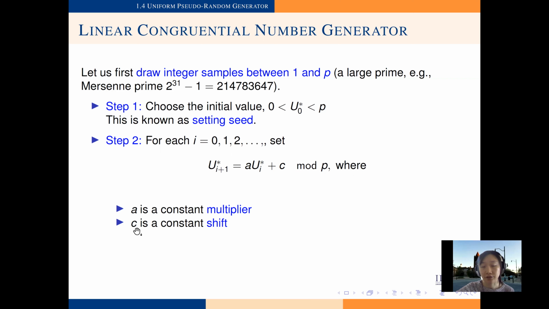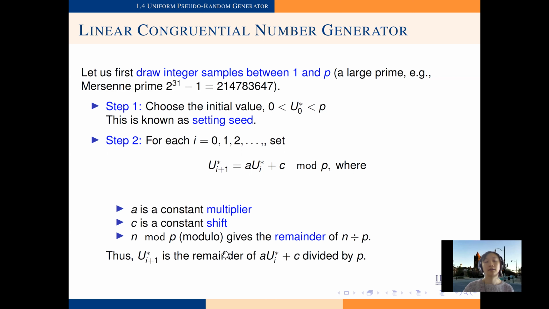So when C is set to be equal to 0, then ui plus 1 star is simply equal to A times ui star modulo P. In that case, this is called a linear multiplicative congruential number generator. And then mod over here denotes modulo. So in general, n mod p gives the remainder of n divided by p.